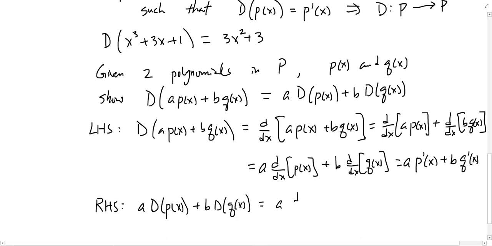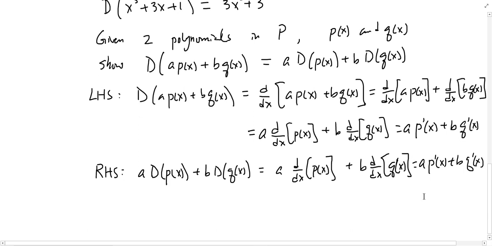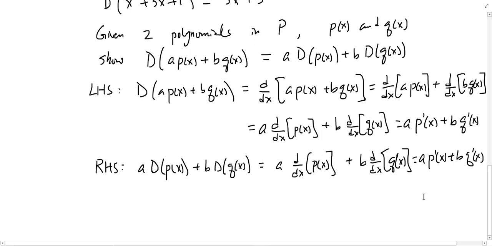That just means a times the derivative of P of x plus b times the derivative of Q of x, which comes out to be this same expression. So they are both the same, because they both equal the same exact expression at the end.